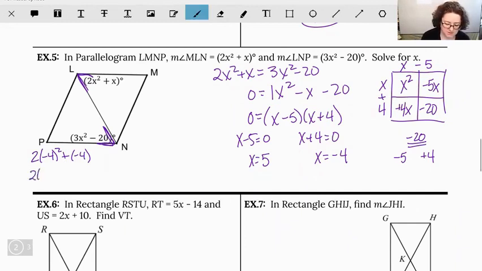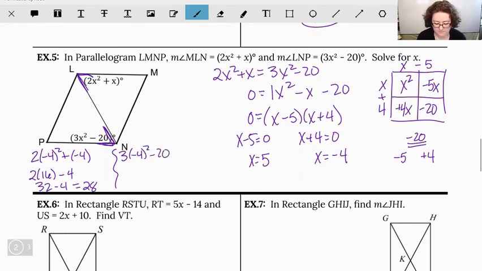So this is really 2 times 16 minus 4, otherwise known as 32 minus 4, definitely a positive number. That gives us 28. So I'm going to try that with a 3x squared. So 3 times negative 4 squared minus 20. So 3 times 16 minus 20. 16 times 3 is 48. 48 minus 20 definitely gives us a smaller number of 28.